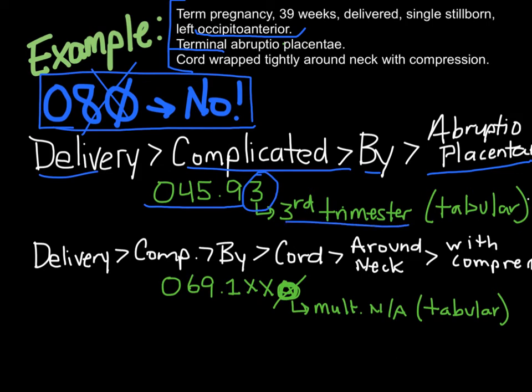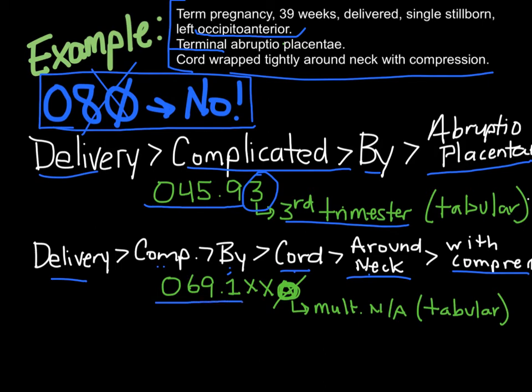So again, checking the tabular. Then we will pull in the other complication, delivery complicated by cord around neck. So yes, these are all subterms with compression. So cord wrapped tightly around neck with compression. This leads us to code O69.1.